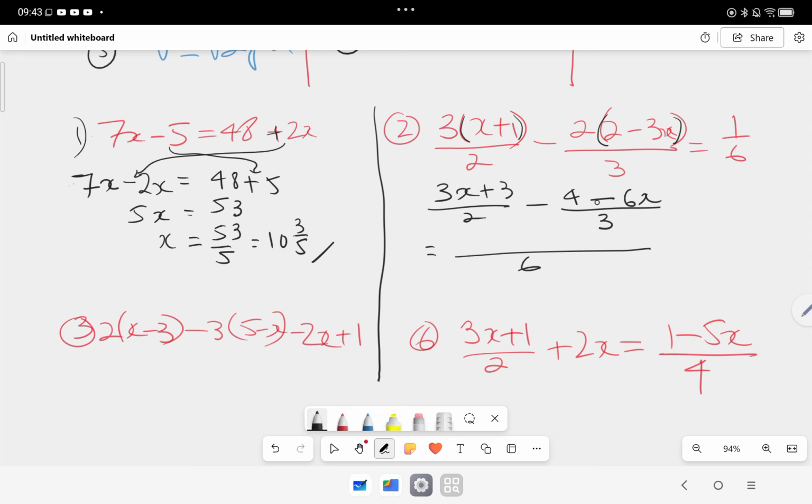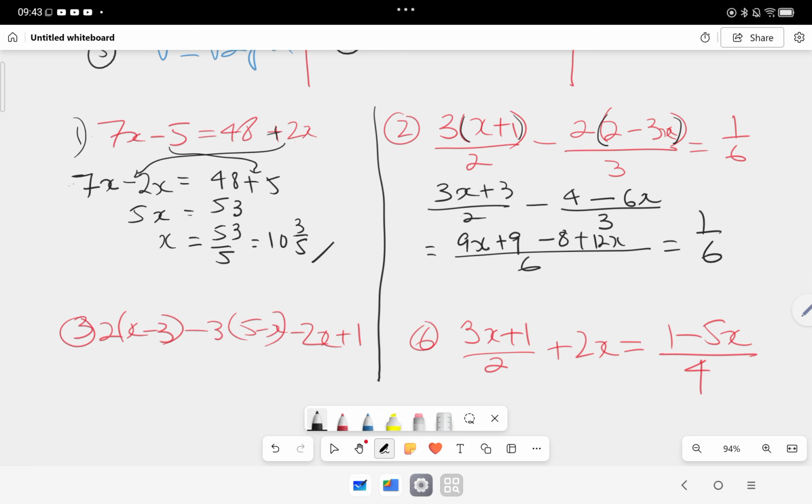Then we can work out that, multiply by 6. So this is 9x plus 9 minus 8 plus 12x equal to 16.